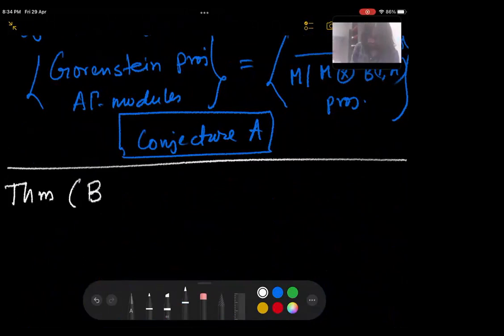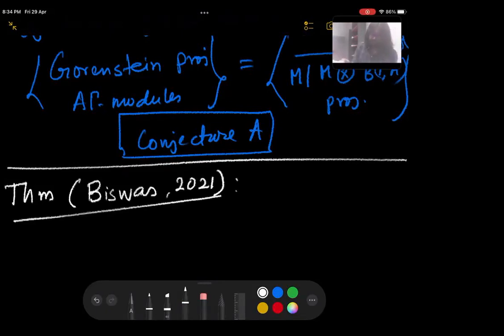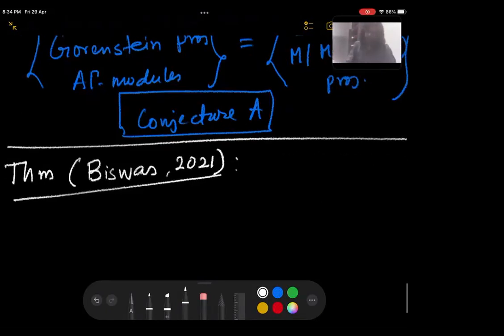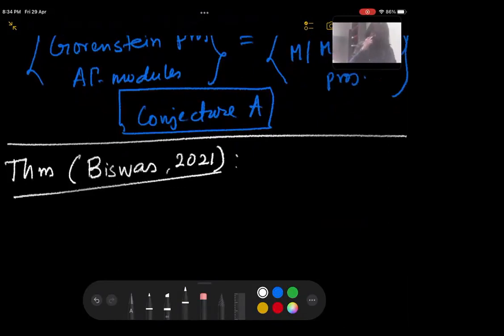I'm going to say it's due to me, but of course it builds on work done way before my time. This work was done in 2020, and the paper came out in 2021, so I have to say 2021. So to get to this theorem, okay, no, let me just say it first.